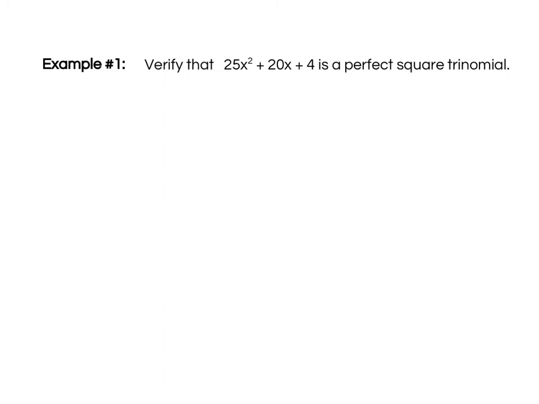All right, what I'm going to do now is remind us of steps 1 and 2, the criteria, in order to verify that this is a perfect square trinomial. So the first question asked us to check that the first term and the last term were perfect squares. So let's see. My first term is 25x squared.